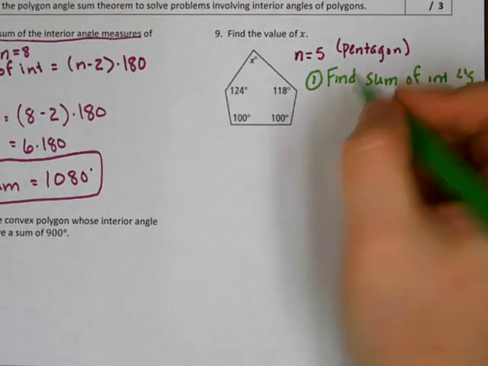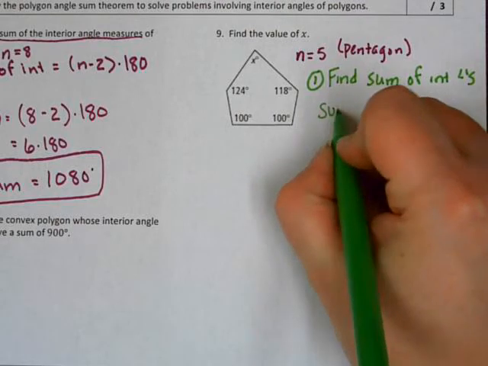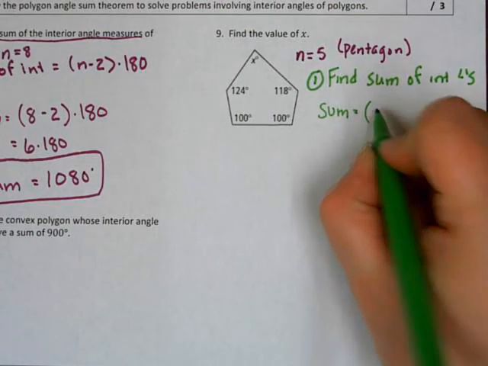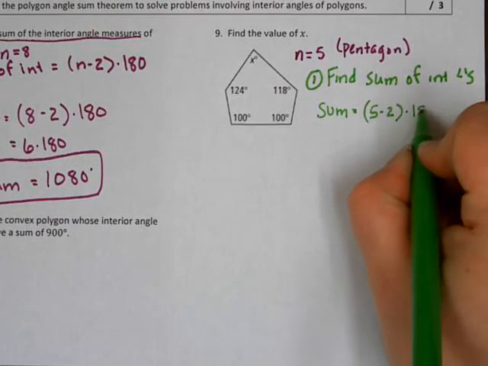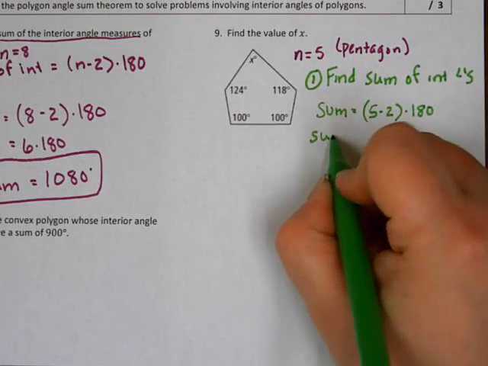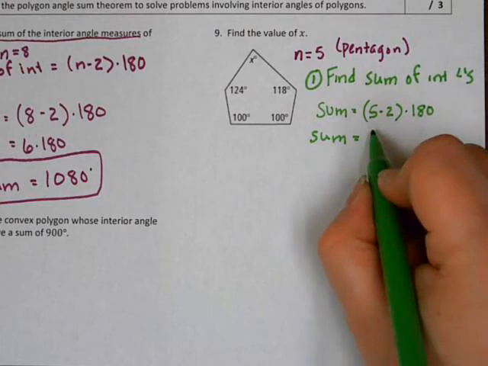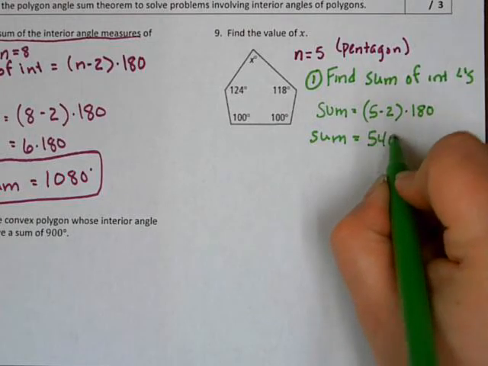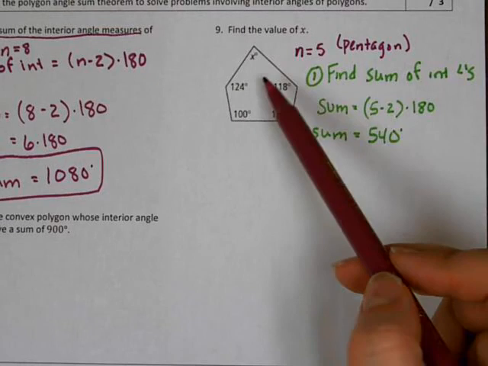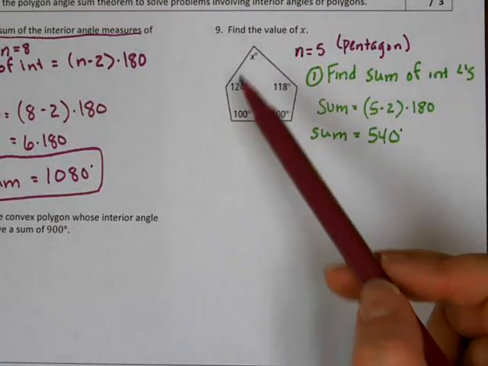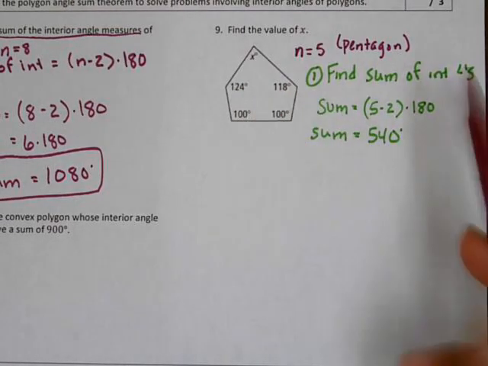We know that the sum is going to equal n minus 2 times 180, and n is 5, so 5 minus 2 times 180. So the sum is going to equal 540 degrees. Now we can start to use the other information that we have. All of these angles are inside, so if I add them all up, it has to equal 540.